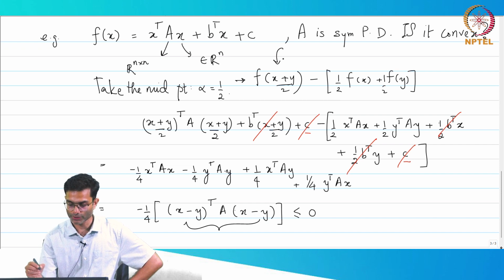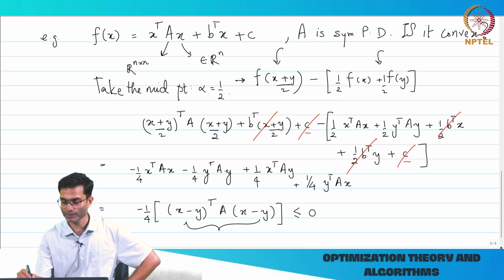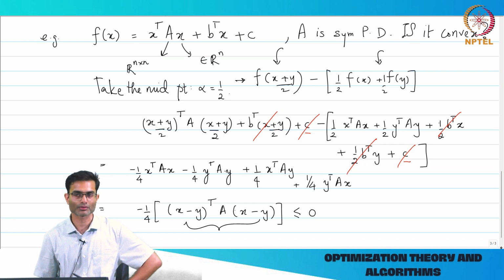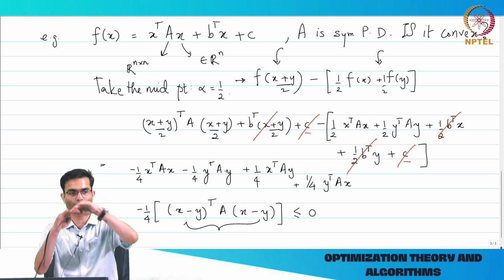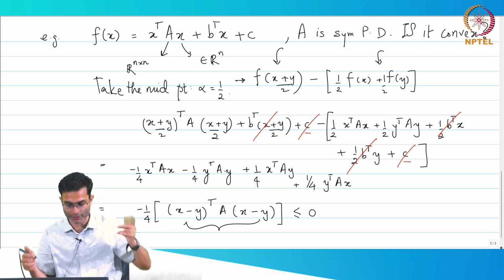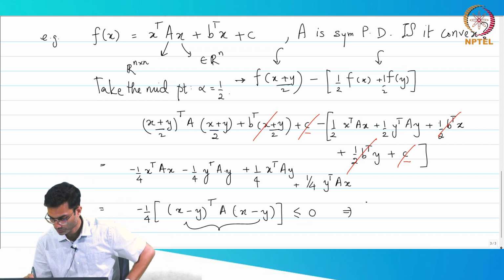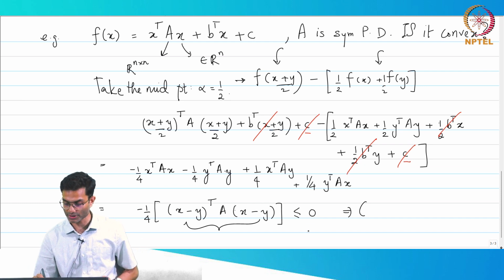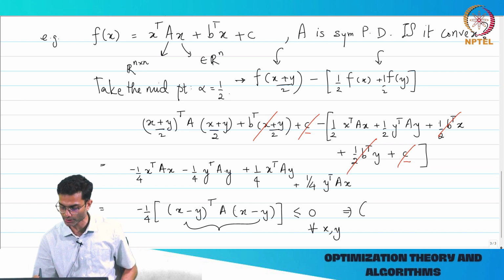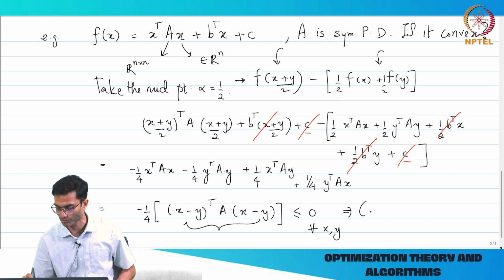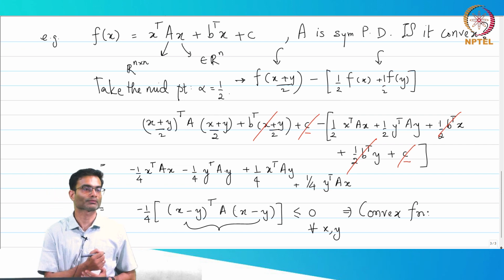The function value is always less than the, right? So, the function has a lower value than the convex combination of the function values. Therefore, this is a convex function. Because we proved this for any values of x and y, this is going to hold true. So, this is a convex function, okay.